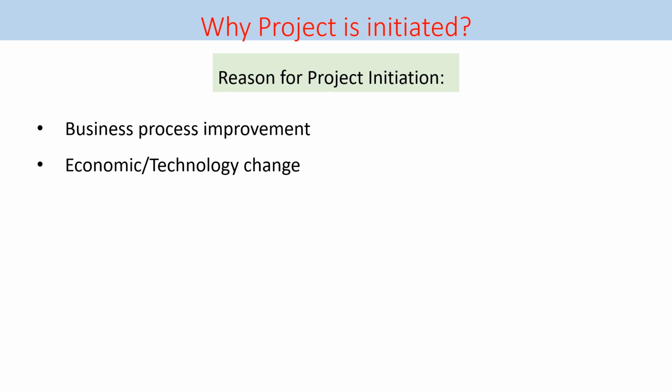The second is economic or technological change happening in the surrounding of the organization. This may push an organization to align with the economic and technological change, so the organization needs to initiate a project.